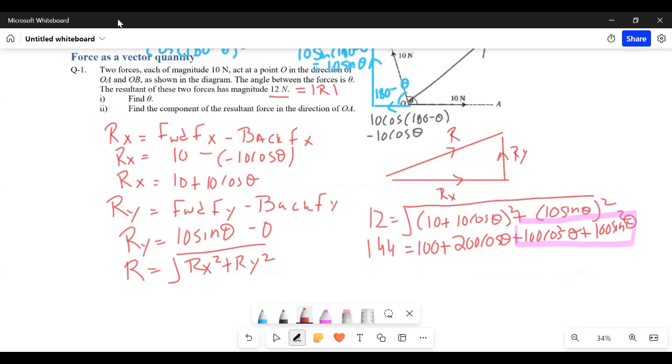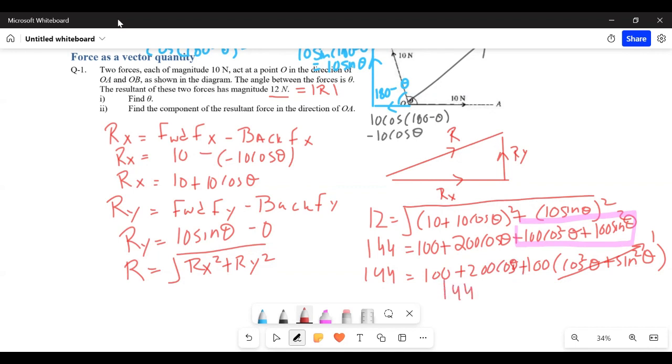Now, if you simplify this part, it becomes 100 common bracket sine squared theta plus cos squared theta. And we know that this is equal to 1 from the trigonometric identity. So that is just 100 now. So 144 is equal to 100 plus 200 cos theta plus another 100.